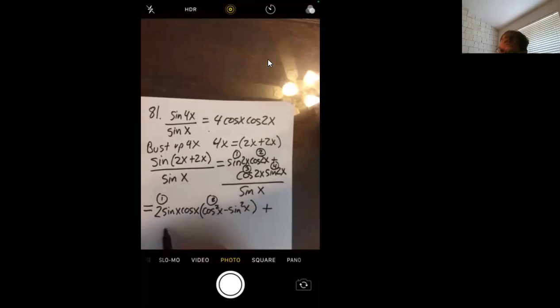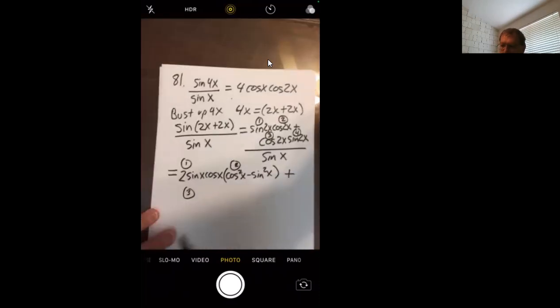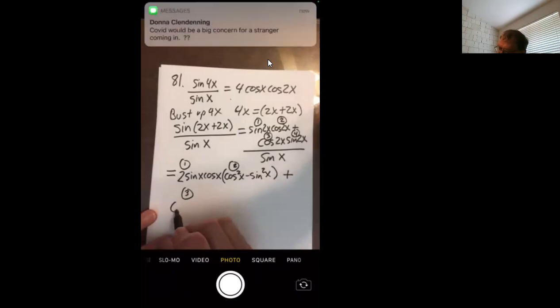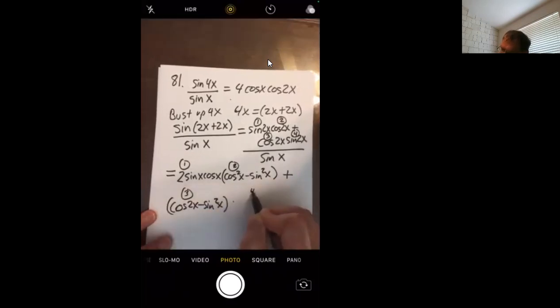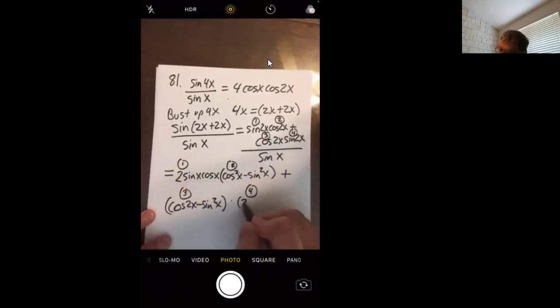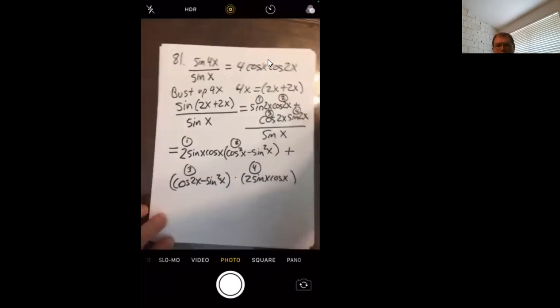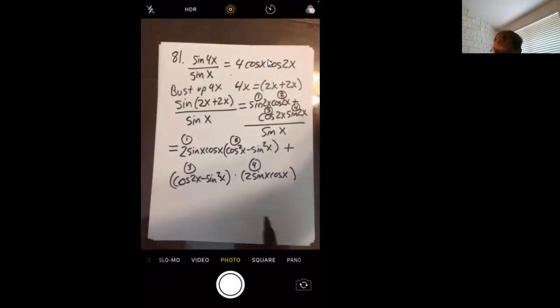Add, piece 3 is another cosine squared minus sine squared, times piece 4, your twice sine x, cosine x. This is like formulas galore here. They're almost identical. Well, they are identical, actually. You could combine them and double the whole thing, but they're just switched in order.